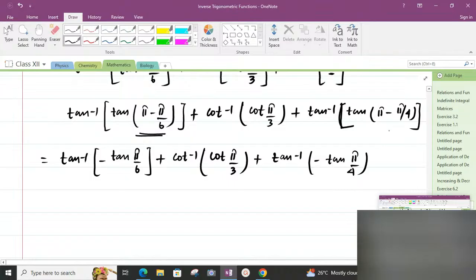This one and this one are in the same method.